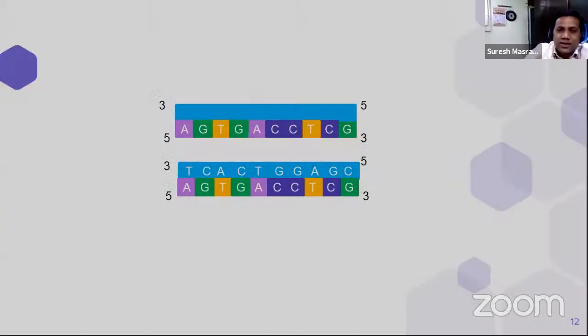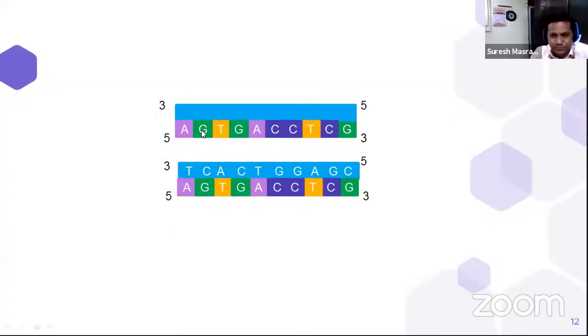Now, from this experiment, we have this red colored band indicating the single stranded DNA molecule which we put. Then we allow the replication.